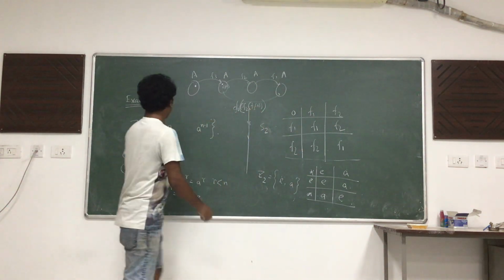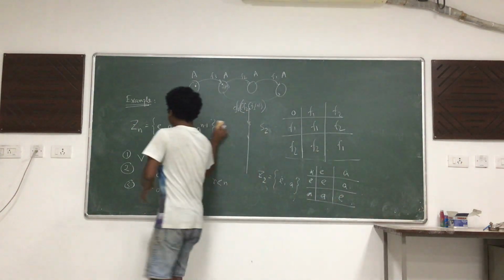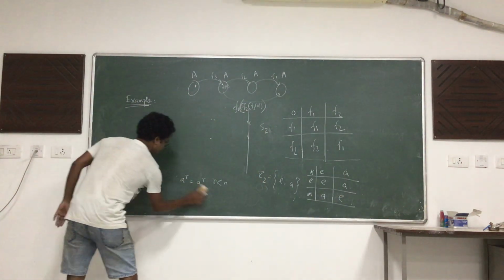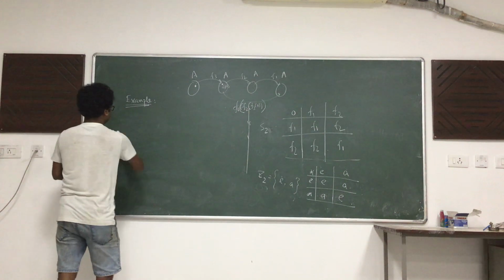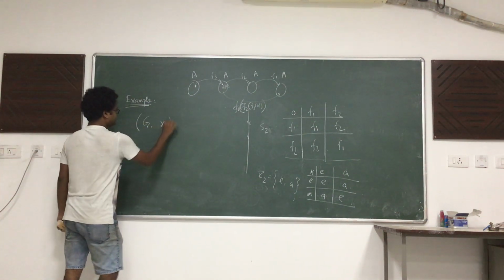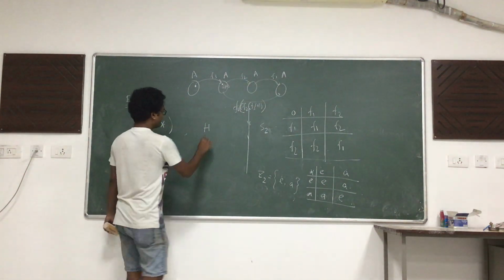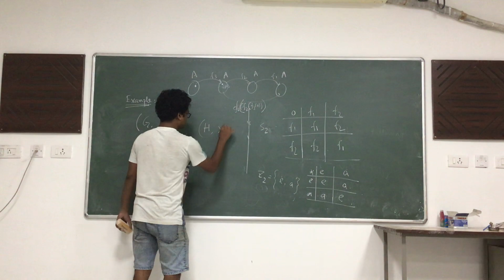So let us say I have a group G whose binary operation is multiplication, and another group H whose binary operation is, let's say, this cross multiplication.